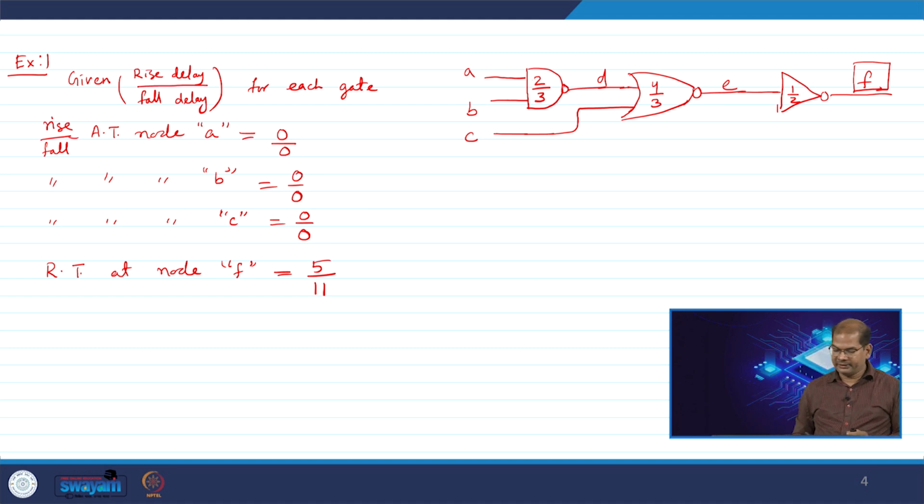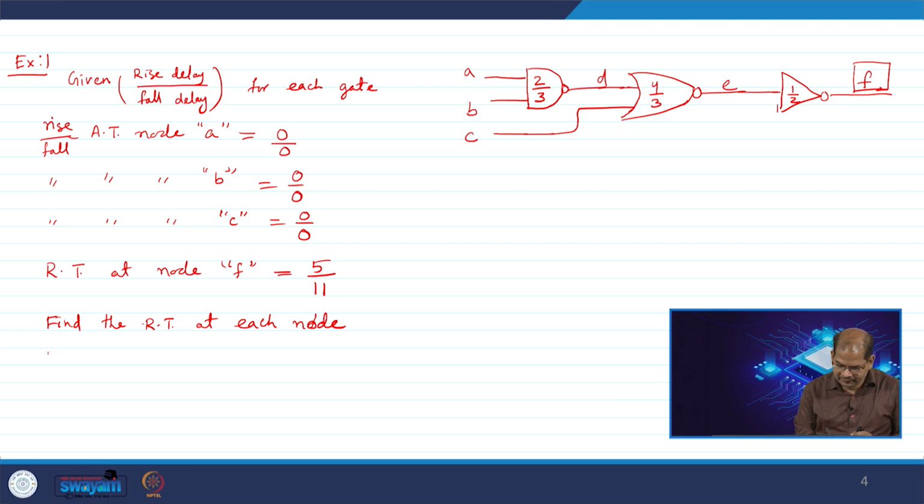What do I need to find? I need to find the arrival time and the required time at each node.